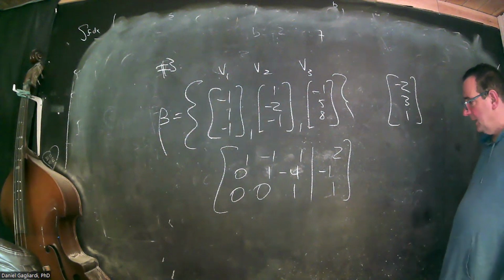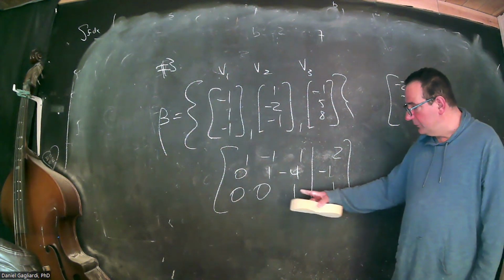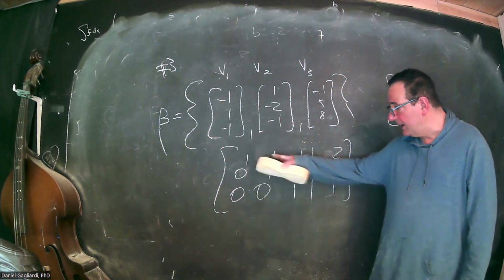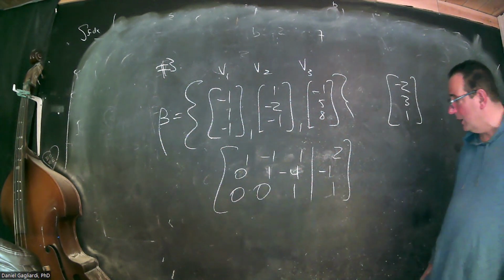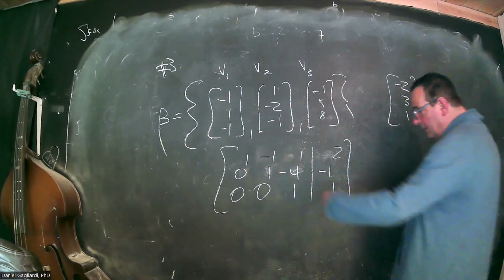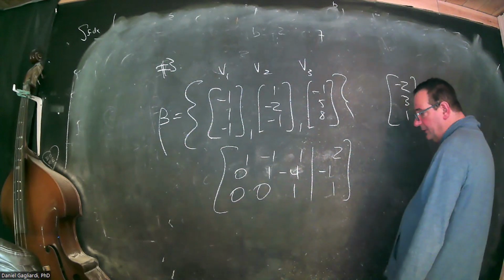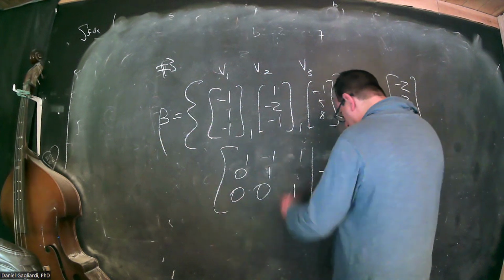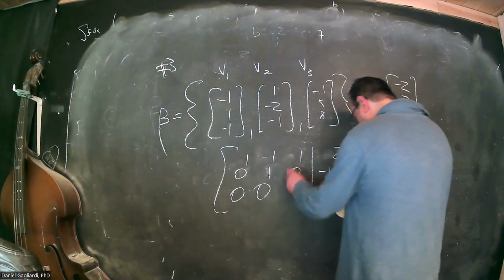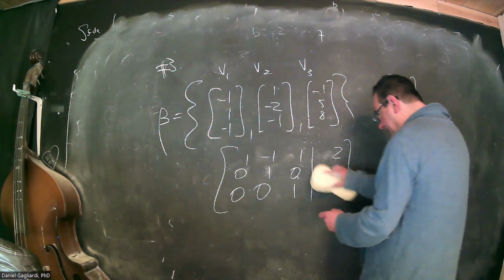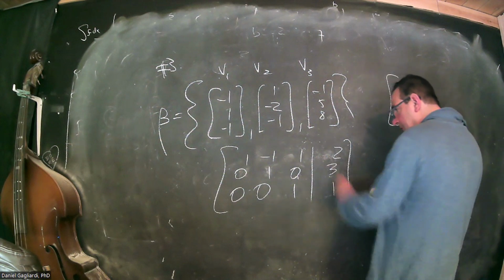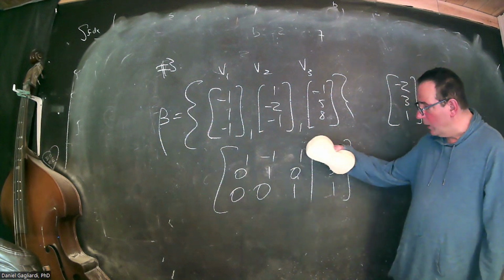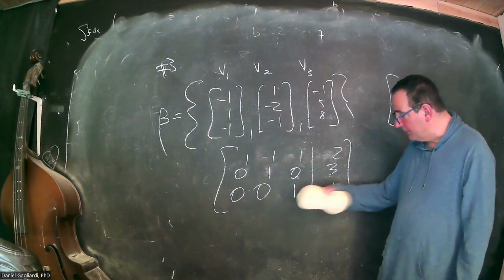Perfect. How about we use this assassin to get rid of the -4 and the 1, and then finally we can get rid of that -1. So I'll add 4 row 3's to row 2. Doing so we get a 0. And then 4 1's added to this gives me a 3. Next I'll take row 1 minus row 3.